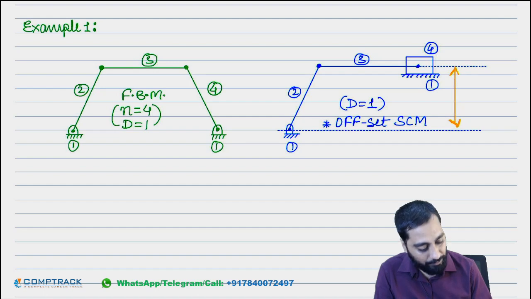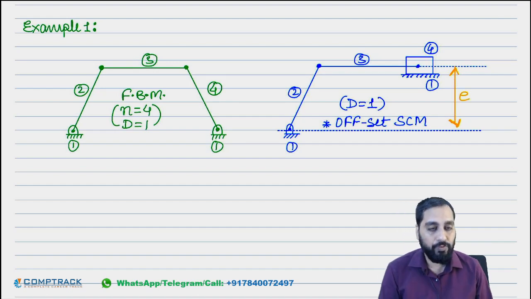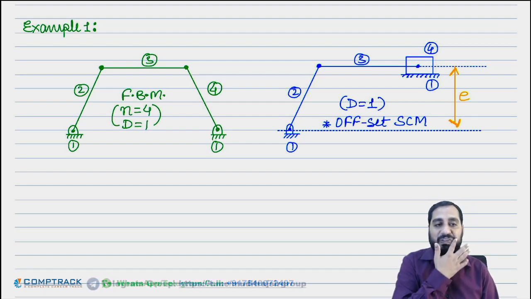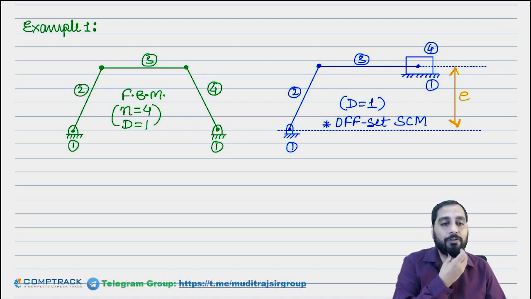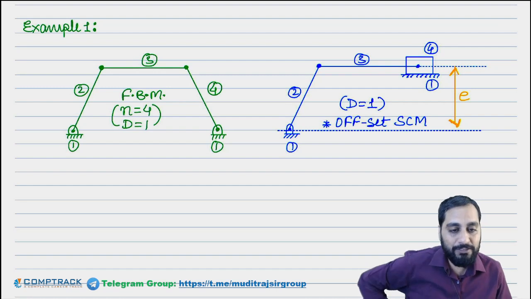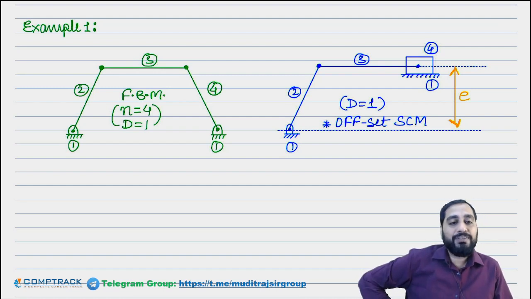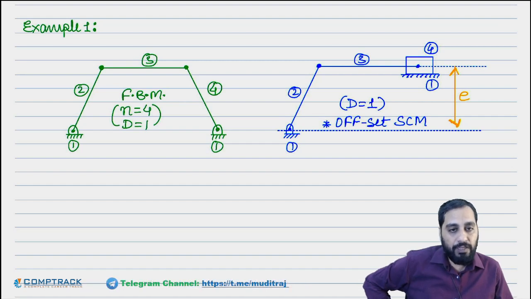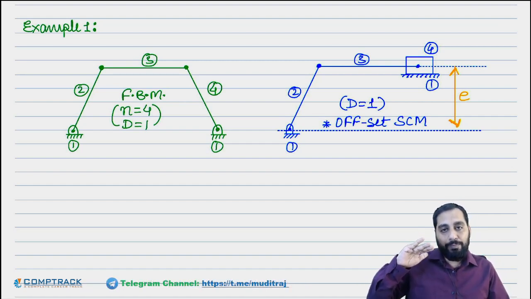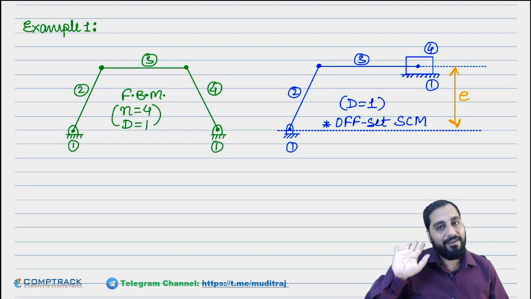Sometimes this distance E is given to you, and this is called the offset distance. So what will be the name of this mechanism? What will be the name of this mechanism? Offset slider crank mechanism. Clear? So the fourth link you replaced by a slider directly.